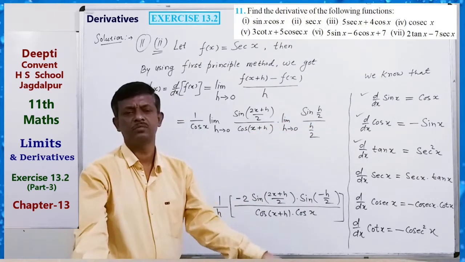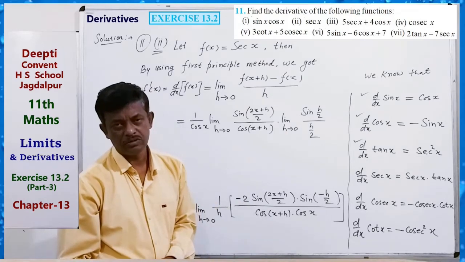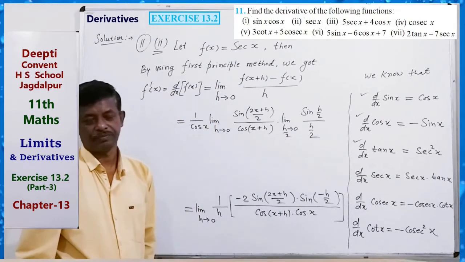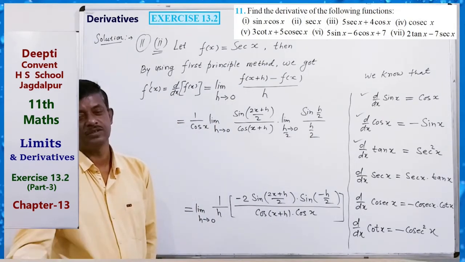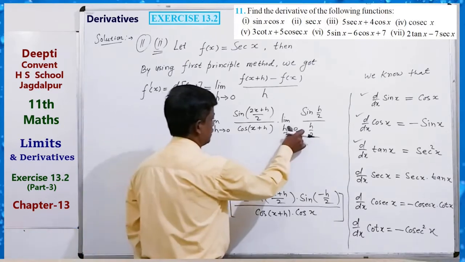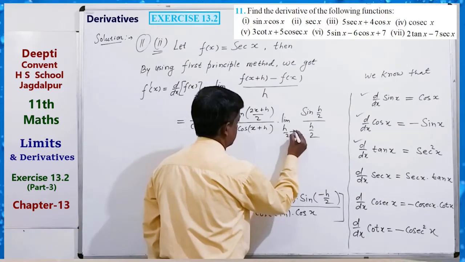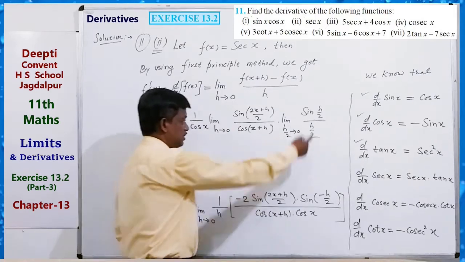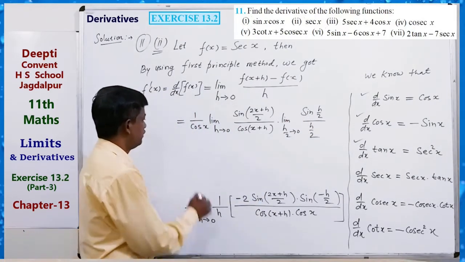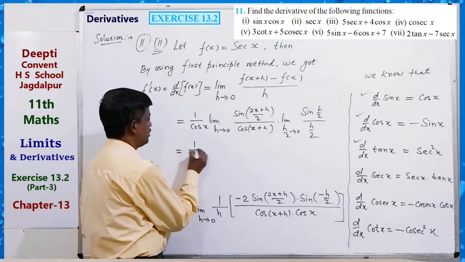H tending to 0, that means h by 2 tending to also 0. So we can write here h by 2 tending to 0. Because h tending to 0, also h by 2 tending to 0. So this limit we know 1. Here 1 by cos x.